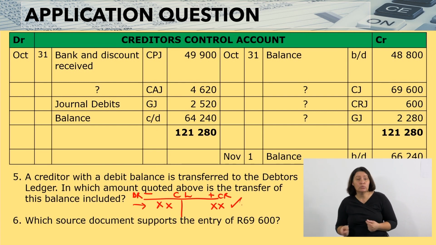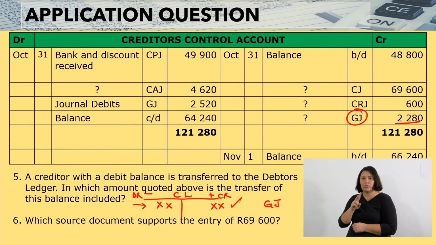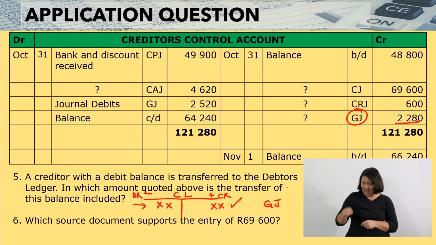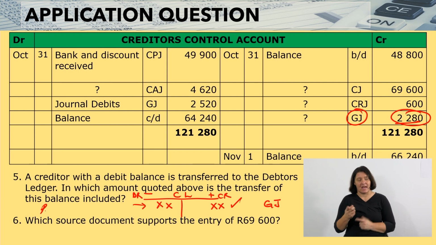And we do that in the general journal. That means we are looking at the general journal, and the amount will now be 2,280. In which amount quoted above is the transfer of this balance included? It will be 2,280. That is the amount in which this transfer is included.